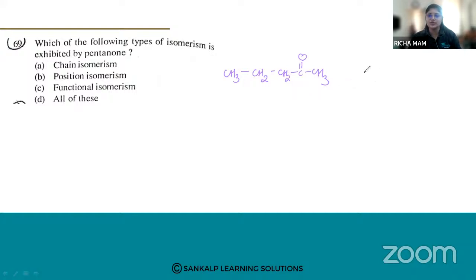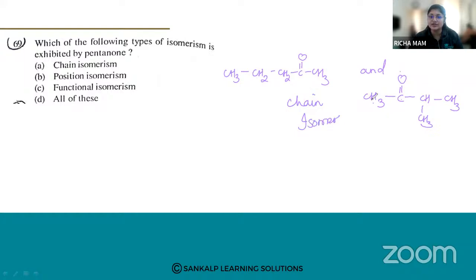If I write it like this, it can be CH3, C double bond O, CH, CH3, CH3. So the chains are different, right? So these are examples of chain isomers.